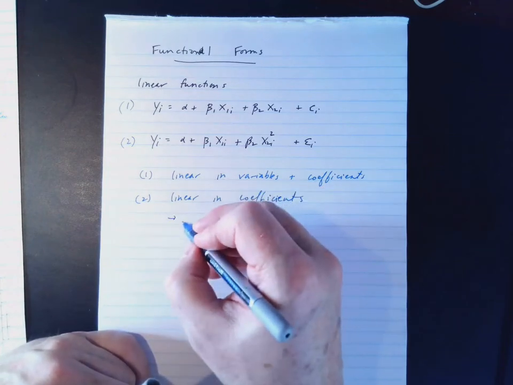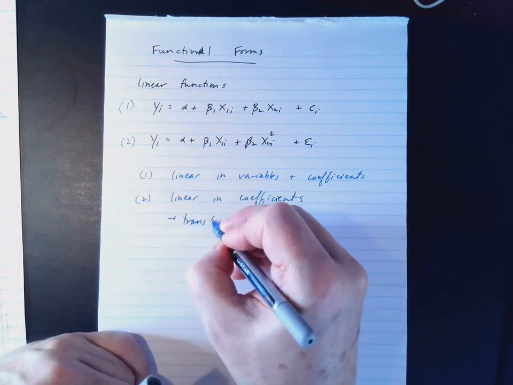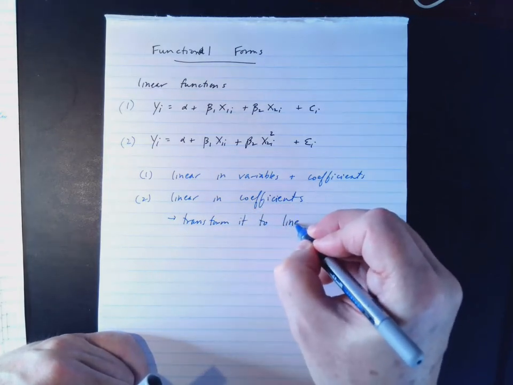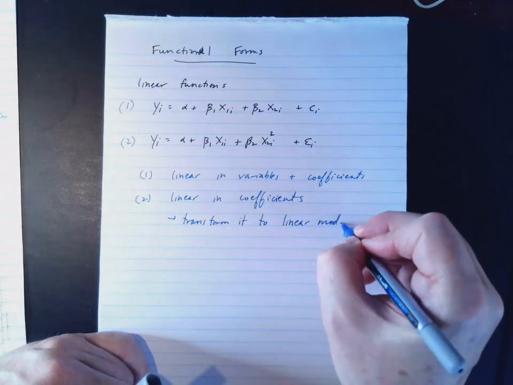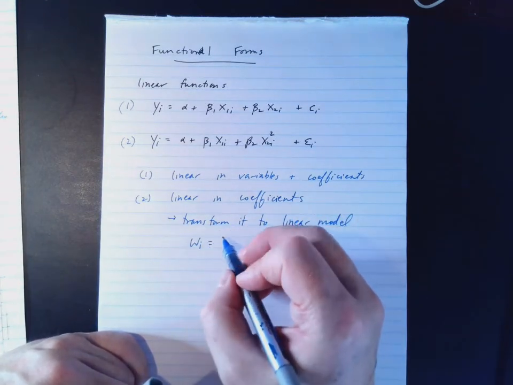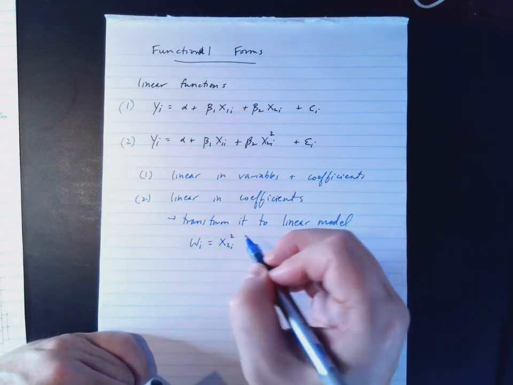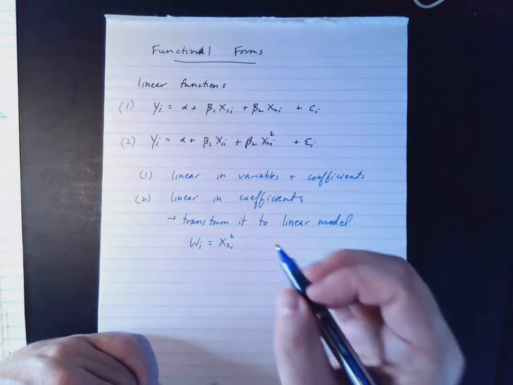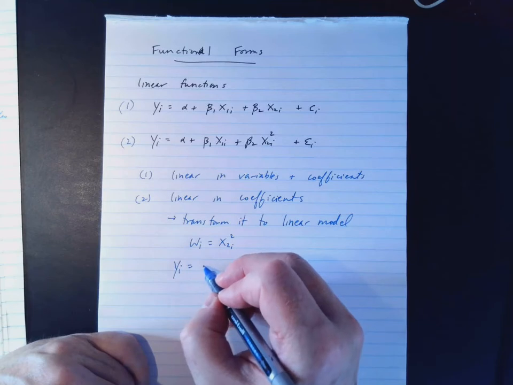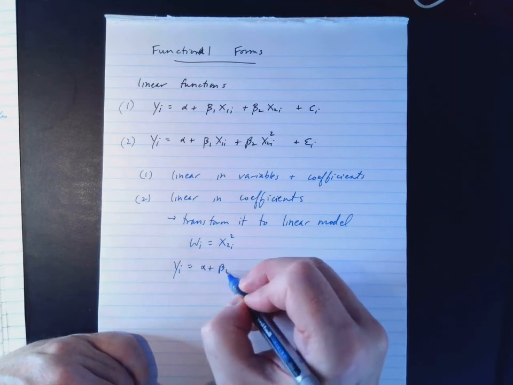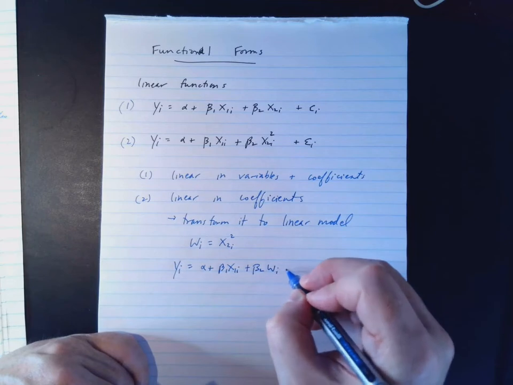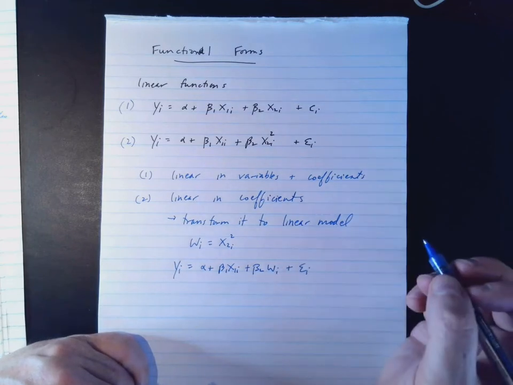So in the second case, we can transform it to a linear model. The way we could do that would be to define a new variable, w equals x2 squared. Then our model is now y equals alpha plus beta 1 x1 plus beta 2 w plus epsilon.